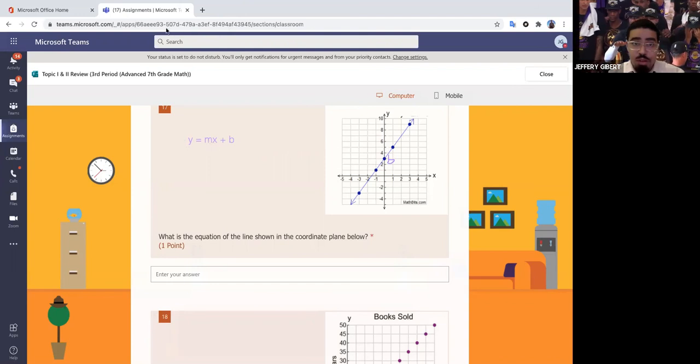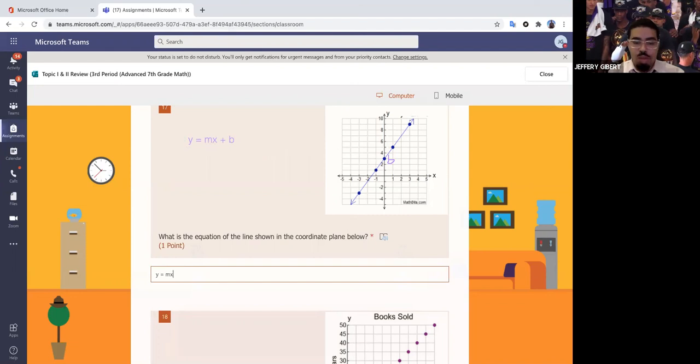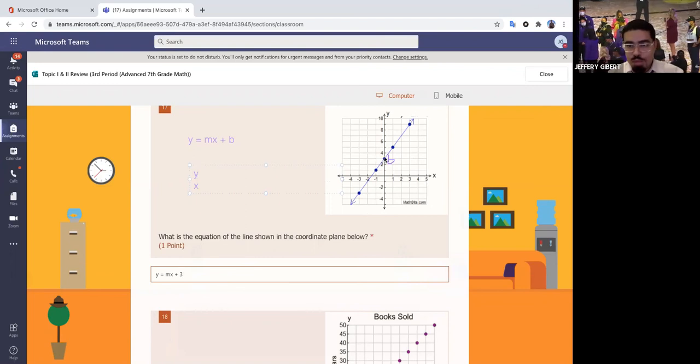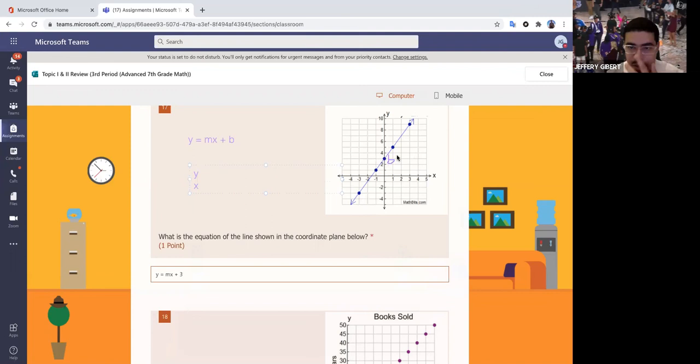So we have y equals mx plus 3, but we need to change m to a number. m is the same thing as k. You do y over x, or you could do rise over run. We'll just do y over x to save time.